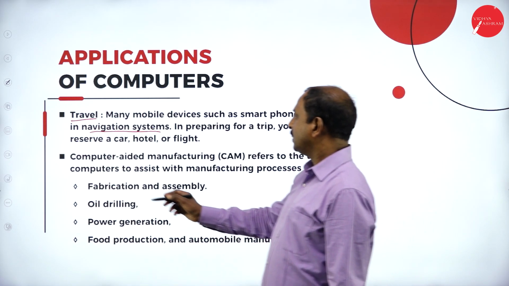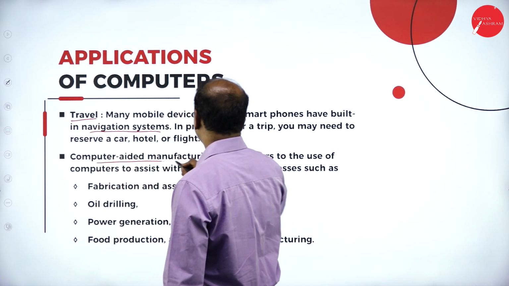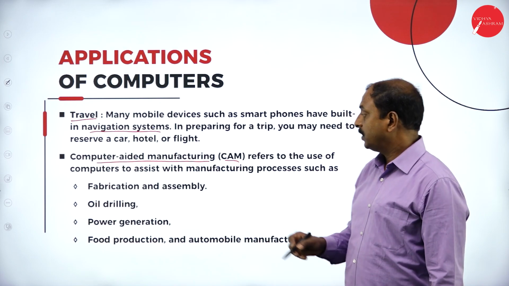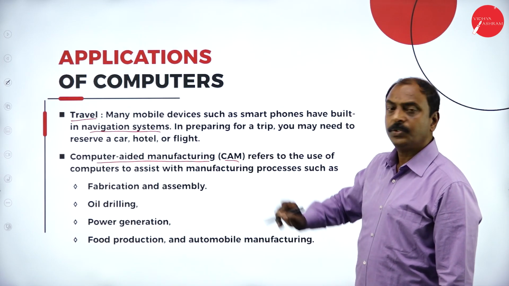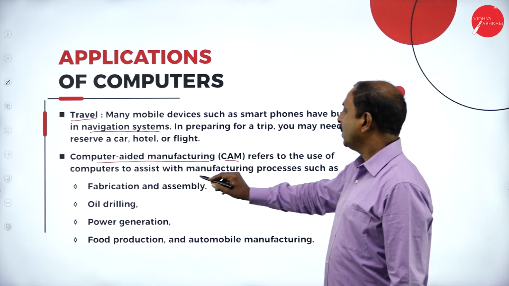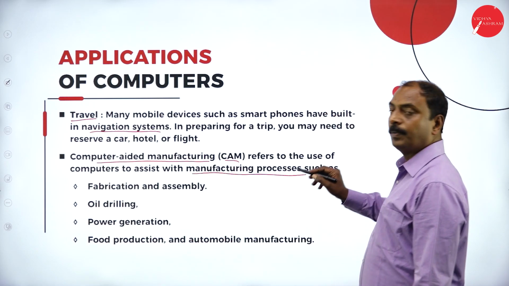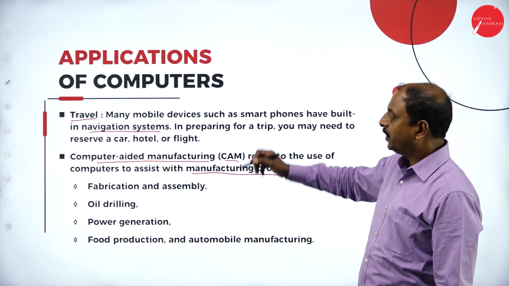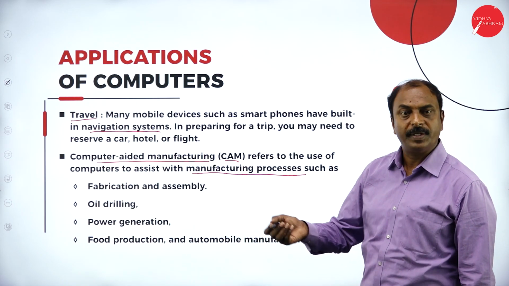Next is computer aided manufacturing, or we say CAD/CAM. We are using computers in the field of manufacturing or the automobile industry, in different applications of different types of industries.